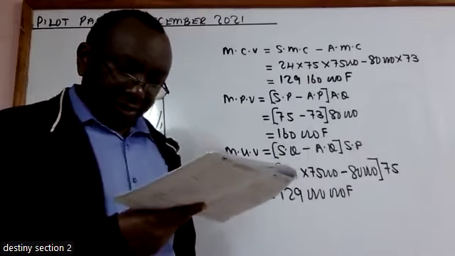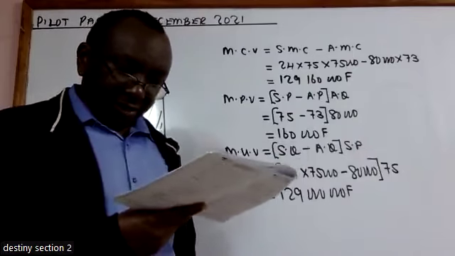The next one inaitwa simple linear regression method. So in the simple linear regression method, I told you we prepare 4 columns.